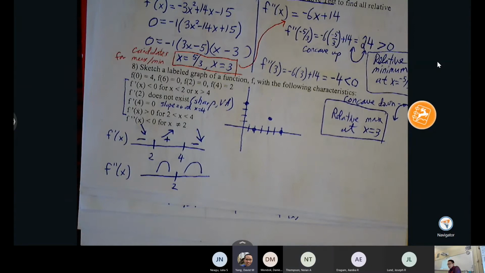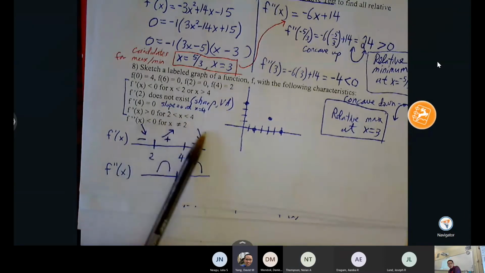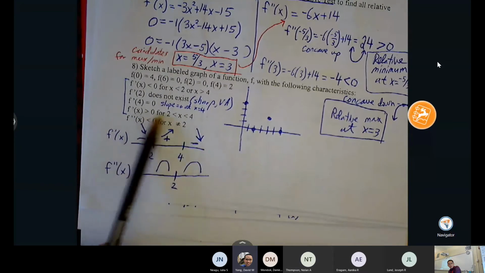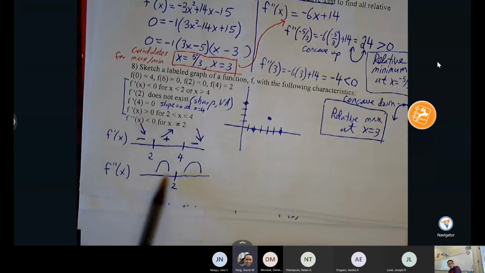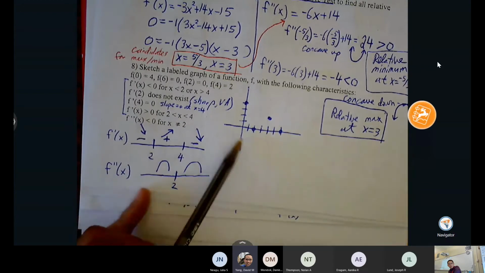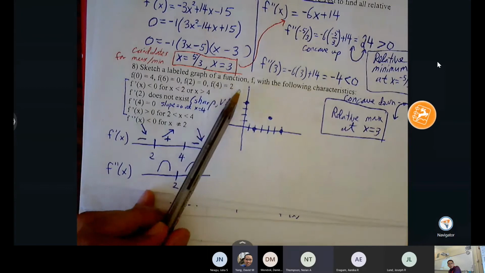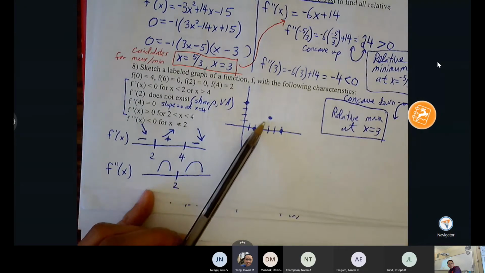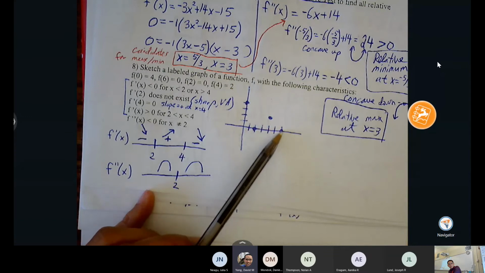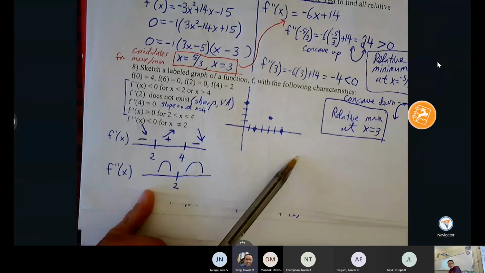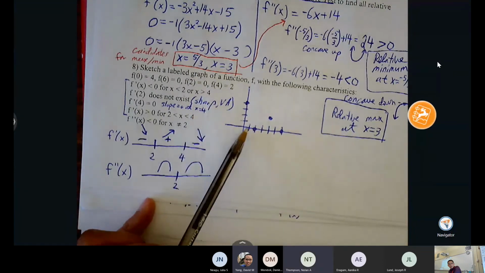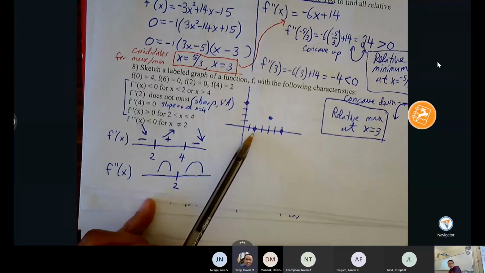So my suggestion is let's create our big picture graph, and then we can go in and fine tune our curvature a little bit later. We know our graph is going to follow this path, right? It's going to be decreasing until it hits 2, increasing until it hits 4, and then decreasing until it keeps going. We know there's a slope of 0 at 4. We know we can make it a sharp turn at 2.